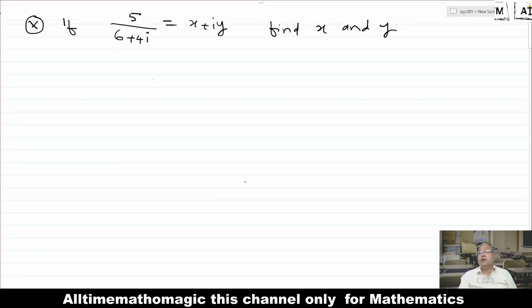Next example: if 5 upon 6 plus 4i equals to x plus iy, find x and y. Solution: 5 upon 6 plus 4i equals to x plus iy.